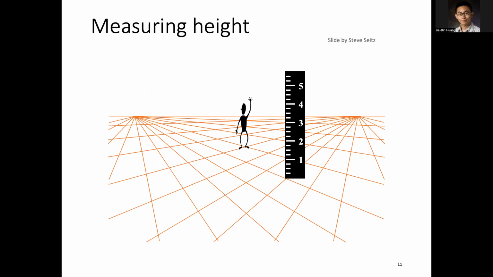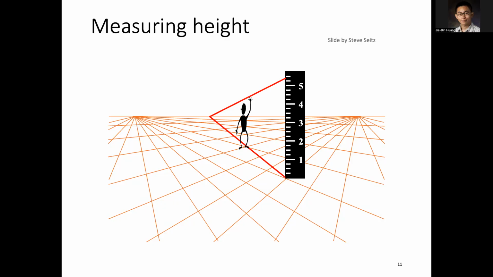If you have a reference here, and I know the ground plane, I can draw the bottom of the reference, and then to the object I want to measure, and I draw another line from that point here. These two lines are parallel lines in 3D.